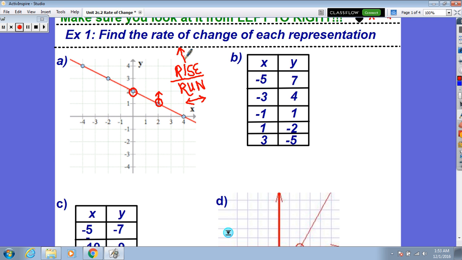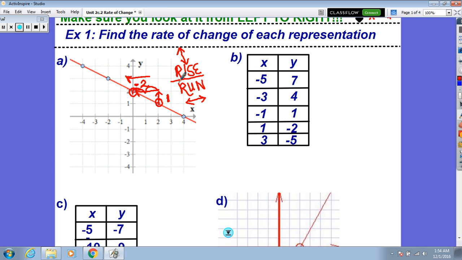Rise goes up or down. Alright, so to get from my lower point to my higher point, I have to move up 1. To move side to side, I have to move over 2 units. We just jumped 1, 2. So since I went to the left, that means 2 is negative. And since we went up, that means 1 is positive.